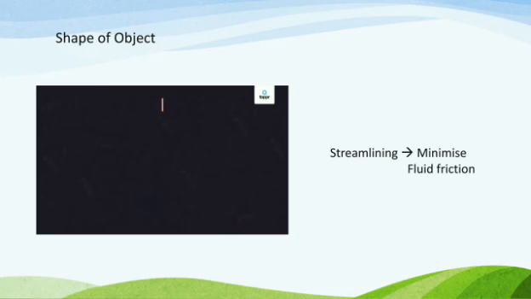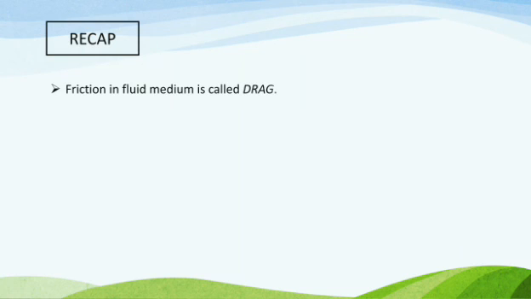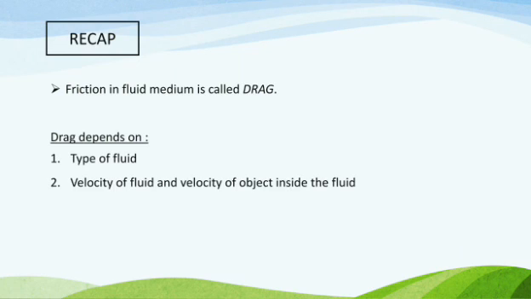Okay students, are you listening? Good. So students, let's recap what we have discussed today. First we discussed the friction in fluid medium, which is called drag. Then, drag depends on the type of fluid, the velocity of the fluid and the velocity of the object inside the fluid.